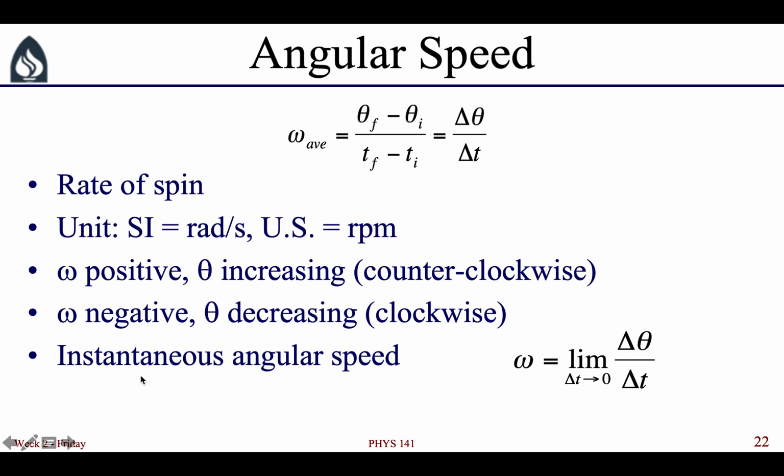There is also an instantaneous angular speed, just like there's an instantaneous velocity, where we look at a very, very tiny amount of time and see what the angular displacement is in that very small amount of time in order to figure out what the rate of spin is at just that instant.